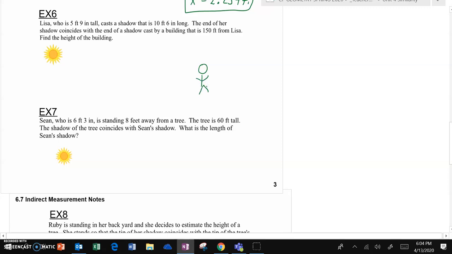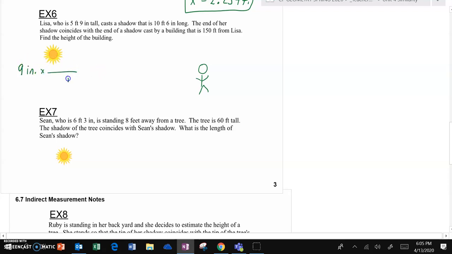Now we're going to have to do some converting. Let's convert into feet, since it looks like when they give us the shadow of the building, that's in feet. So let's go ahead and convert that. So we want to convert that 9 inches into feet. All right, so over here, I'll just do a little bit of side work to do my conversion. Somehow my pen is not writing very well. All right, there it is. 9 inches.